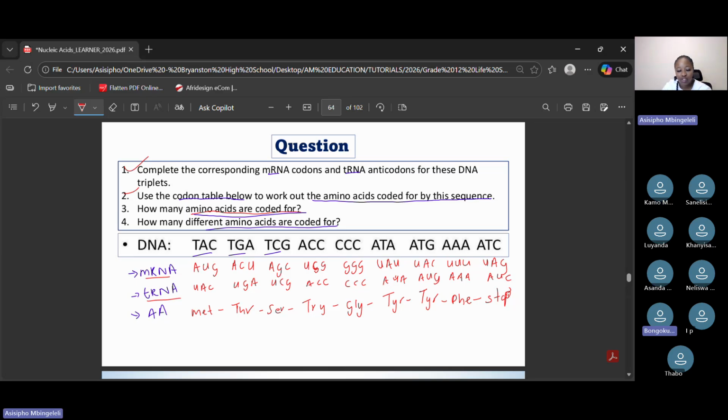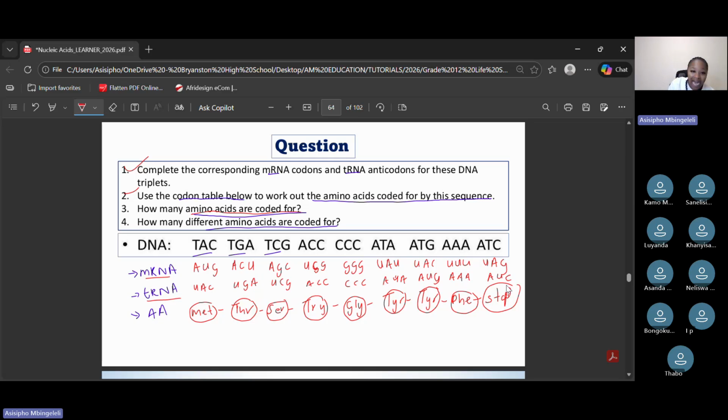Okay, let's count them. 1, 2, 3, 4, 5, 6, 7, 8, 9. How many amino acids are coded for? We are counting the amino acids. We don't check which ones are repeated, which ones are not. We are counting the number of amino acids.